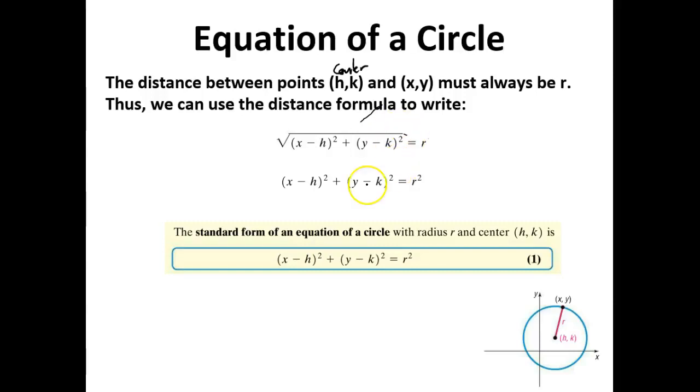So if we square both sides, the standard form of a circle is this right here: x minus the x coordinate of the center squared, plus y minus the k coordinate of the center squared, is equal to the radius squared.